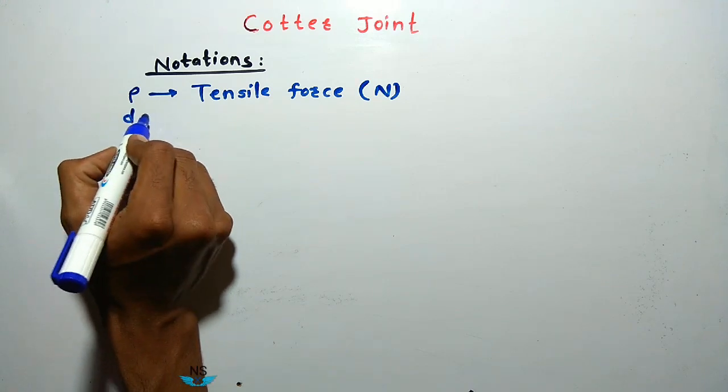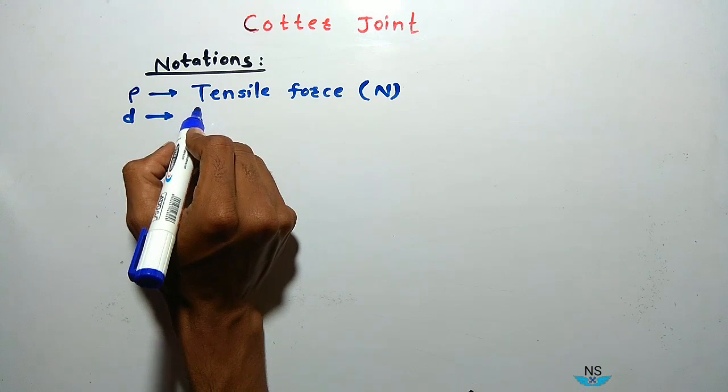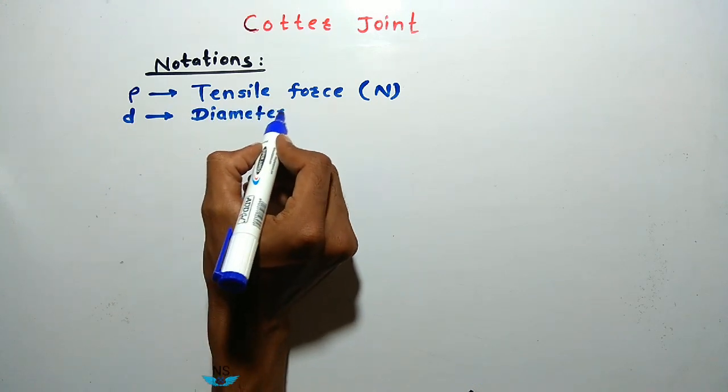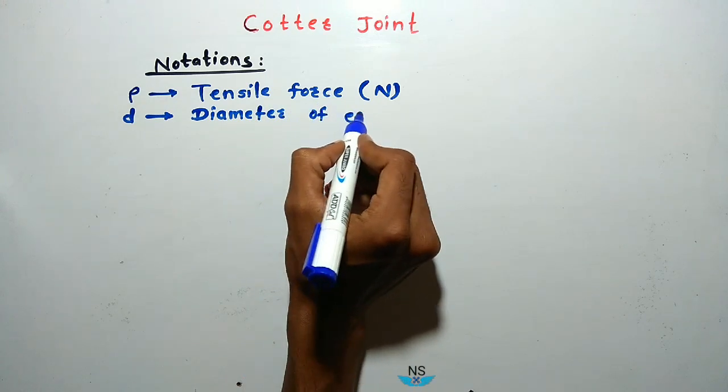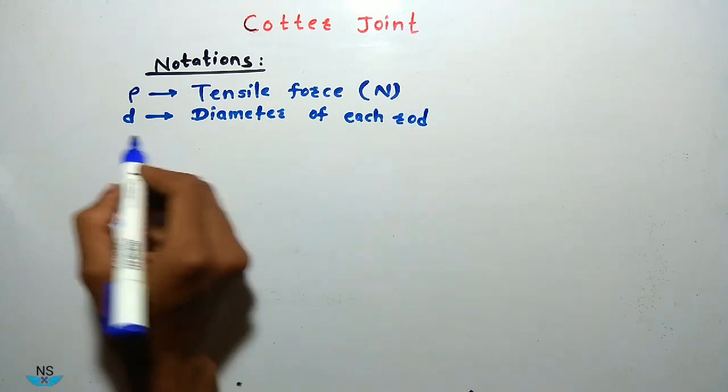For the diameter of each rod, I will use the notation small d.